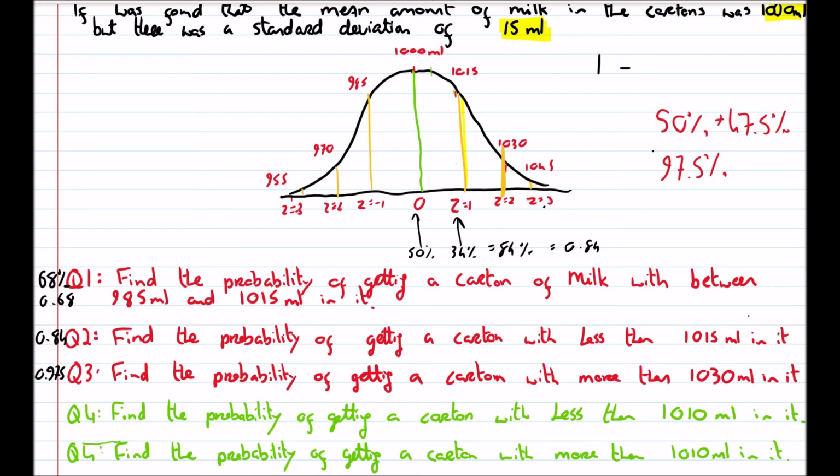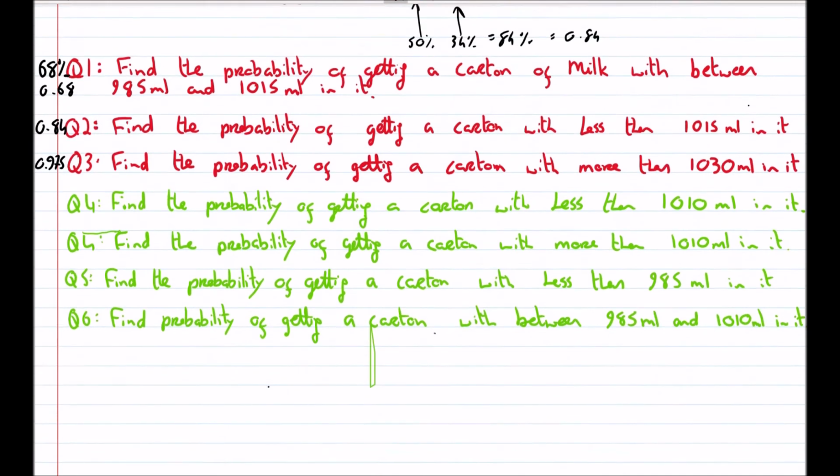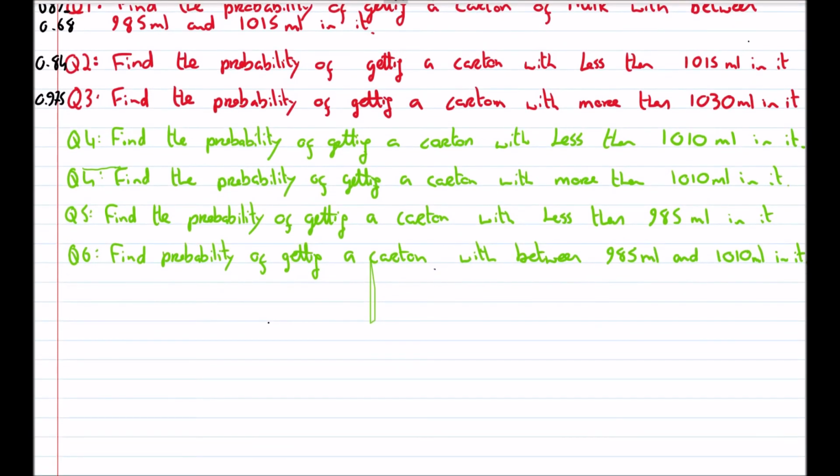Right, so less than 1.10, 1.10 is about here, and it's less than that, so it's going back the way. Okay, we need to put it into our formula for z-scores.